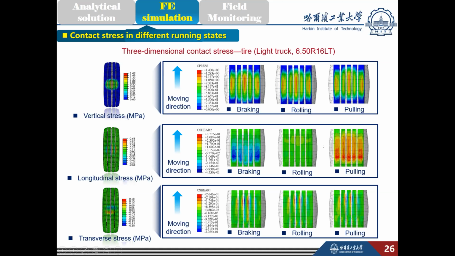The moving load could be implemented with DLOAD or UTRACLOAD subroutines within the Abaqus platform. The viscoelasticity of asphalt layers was extracted from the dynamic modulus test of asphalt mixtures and transferred into Prony series by fitting the master curves of dynamic modulus.